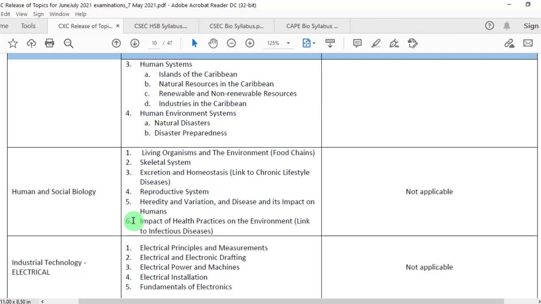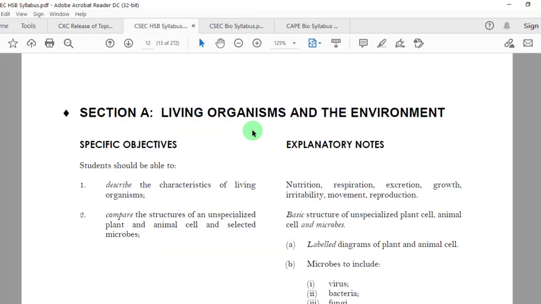So what do they mean by all of this? Okay, firstly, what I'll do is go through the syllabus. You see where the titles come in. They basically give you the sections in the syllabus. Now the first topic said living organisms and the environment, right?